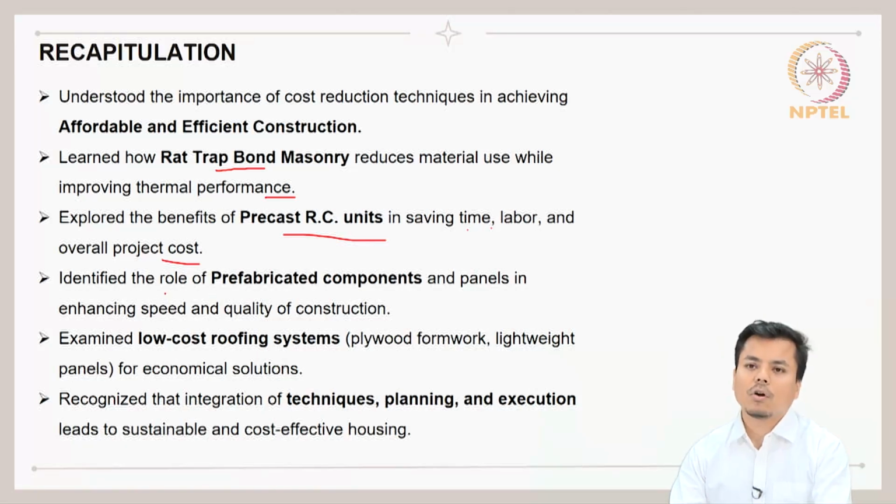Along with that, we also understood the role of prefabricated components and panels in enhancing the speed and quality of construction. We also examined low cost roofing systems like plywood formwork and lightweight panels for economical solutions where we want to go ahead with quick construction.